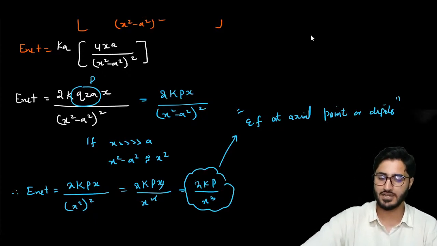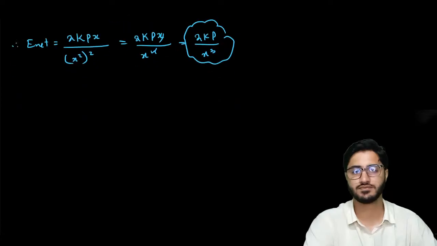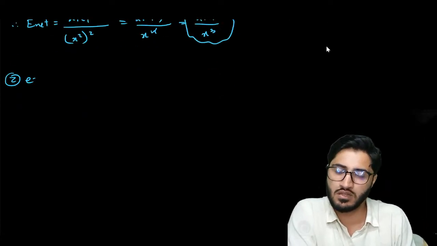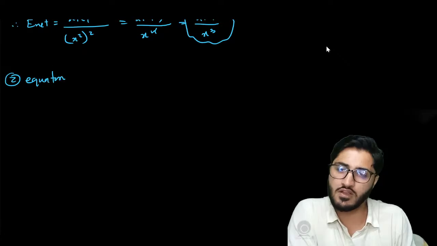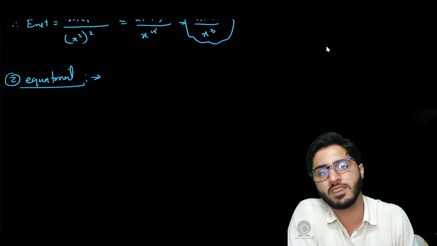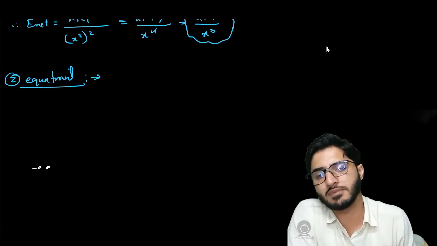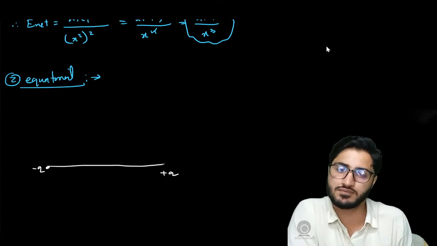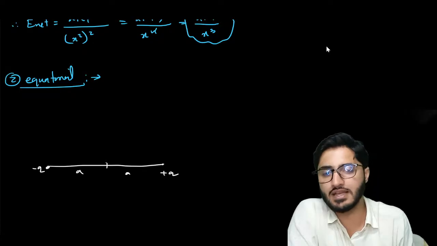Now next part. Next one is equatorial. Look here: it's minus Q, plus Q. Okay, origin, A and A. I will take any point here, X distance apart.